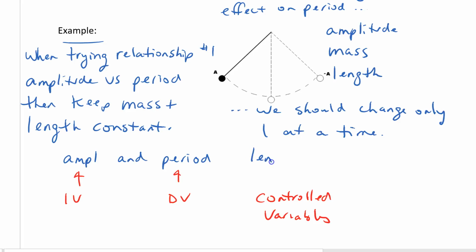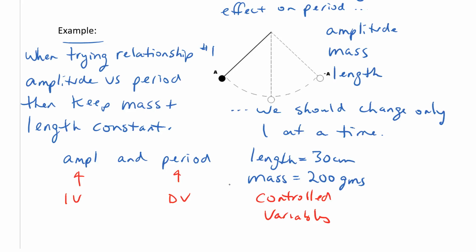I would say length equals, I don't know, maybe it was 30 centimeters, and mass equals maybe 200 grams. So when you collect your data, you should not only state which variables you're controlling, which ones you're making sure that you're keeping the same, but you should actually indicate what those measurements are.